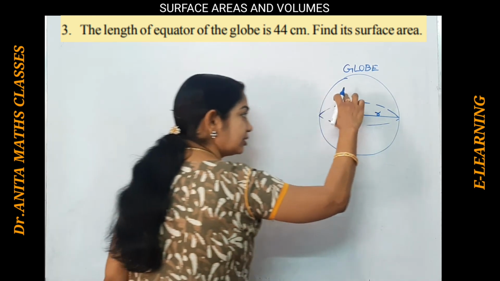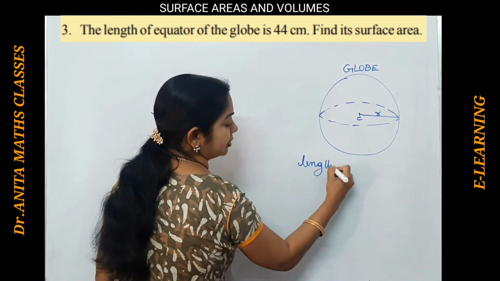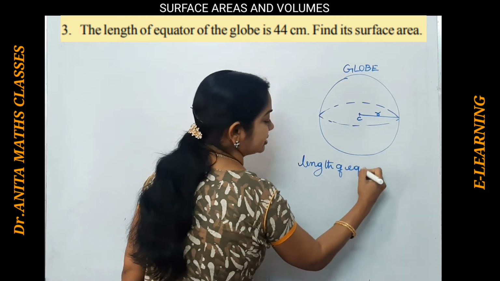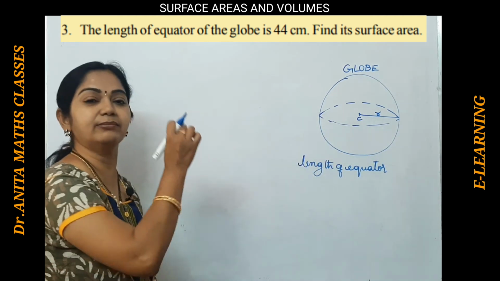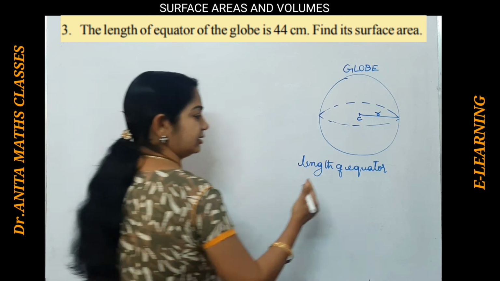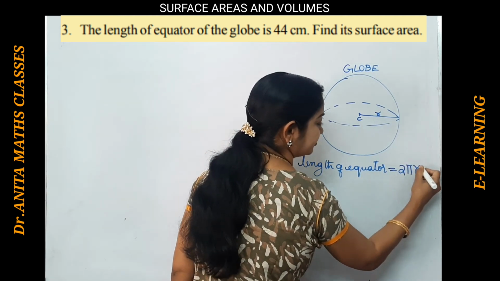This dotted form is the length of the equator. The length of the circle is nothing but the circumference of the circle. So that is 2 pi r.